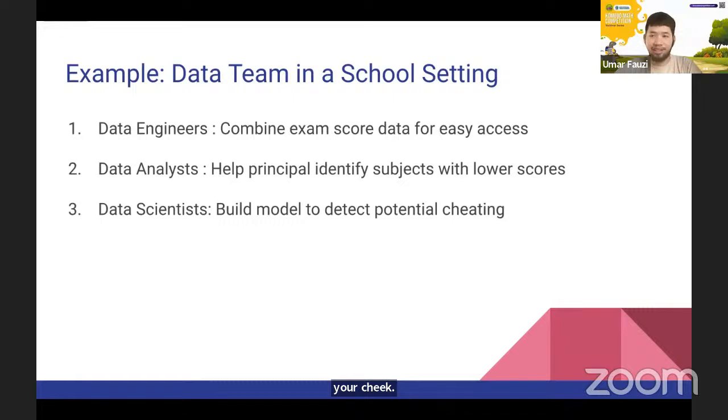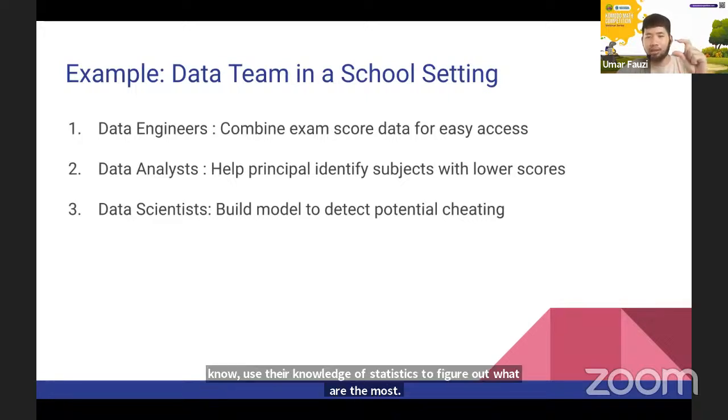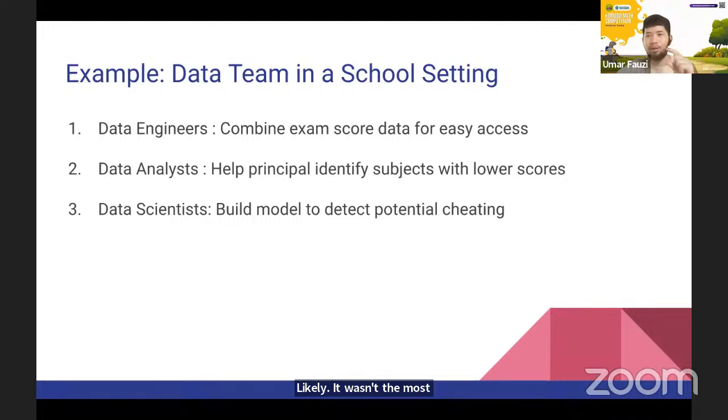Oh, okay. So that's what data scientists do. They get all the numbers together, especially from data engineers who already put all the data into one place, right? So the data scientist just has to take it and use their knowledge of statistics to figure out what the most likely answers are, what the possible cheating places are, and then they can build a model that can automatically detect potential cheating once the exam scores come in, once the results are inputted.